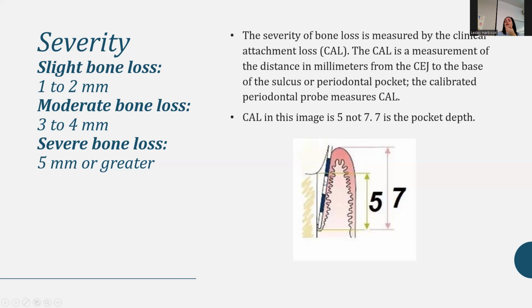So this was what Lacey was touching on. If you measure a periodontal pocket from where the CEJ is down to the bottom of the pocket, you'll get a different number. That's CAL, clinical attachment loss. You've lost bone in that area.